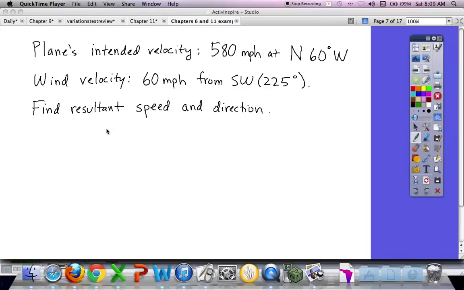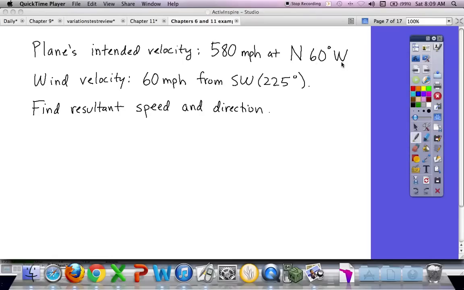But the point of the word problem here is we have to combine two vectors to come up with a resultant vector. In this case, it's a plane which is flying. Its intended velocity is 580 miles per hour, and it's flying at a bearing of north 60 degrees west.